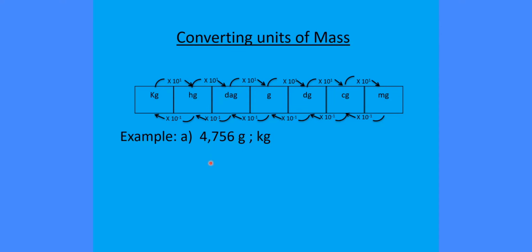Then 4,756 gram. So this time we are dealing with unit of mass. So the root word now based on the table is gram. Then still have the prefixes, right? So we are going to convert this value to kilogram using the switching method again.